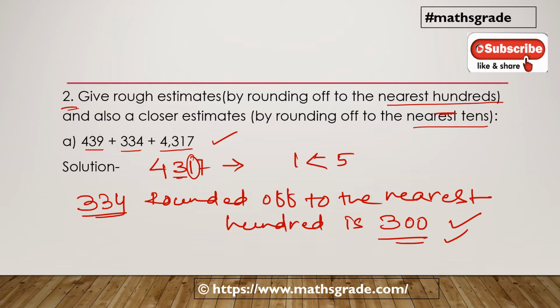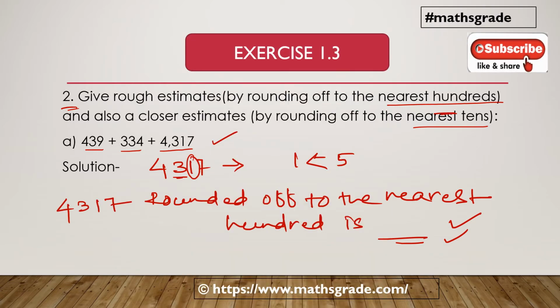Just write down 3 as it is and write down 0 in the tens place and unit place digit. That is, 1 and 7 change to 0. So 4317 rounded off to the nearest hundred will be 4300.